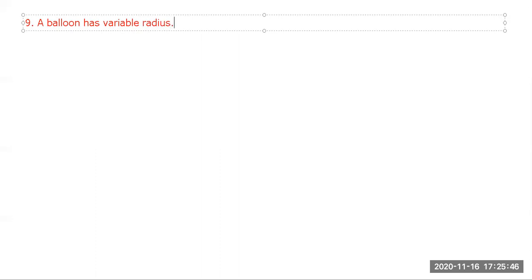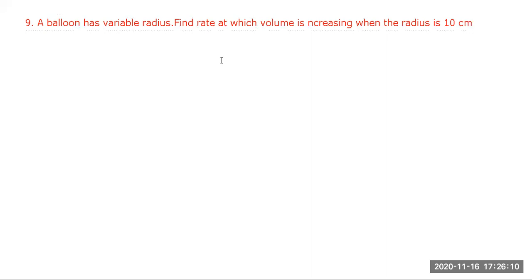Find the rate at which the volume is increasing when the radius is 10 centimeters. So this is the question. The balloon has a variable radius. Find the rate at which volume is increasing when the radius is 10 centimeters.